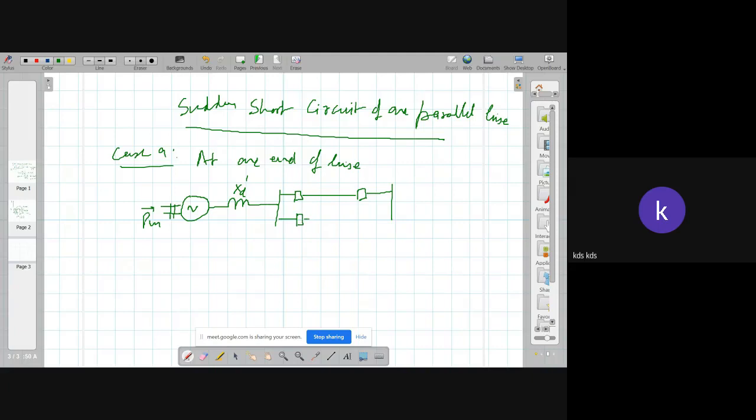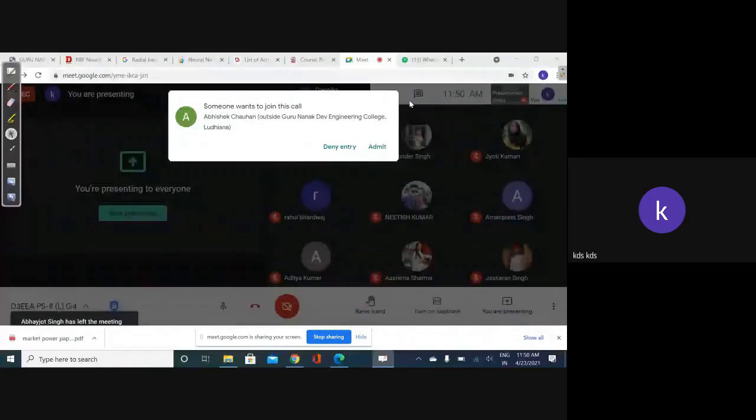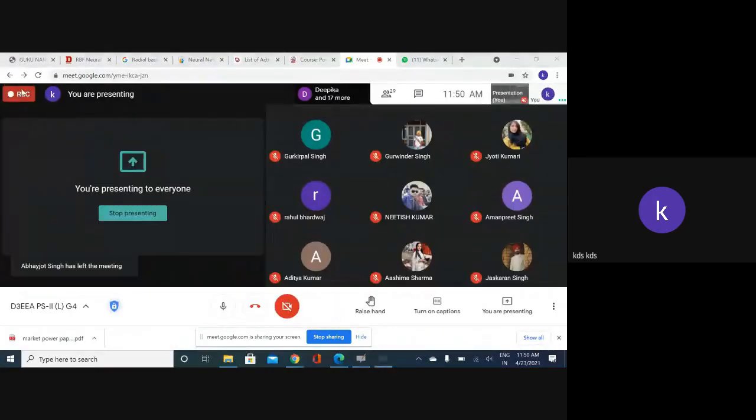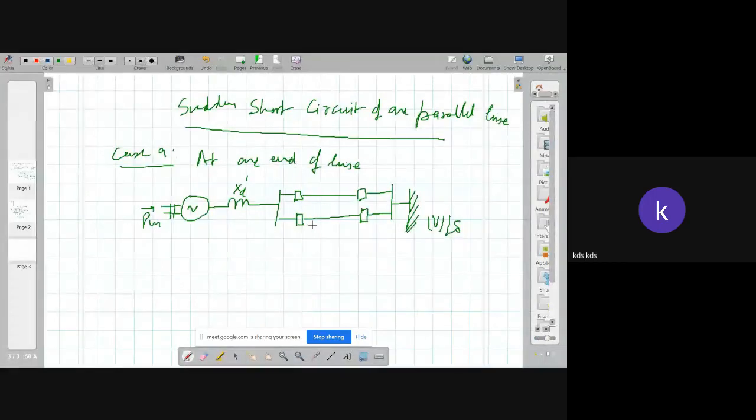And if the fault occurs at one of the ends of the lines, in that case, this is XL.